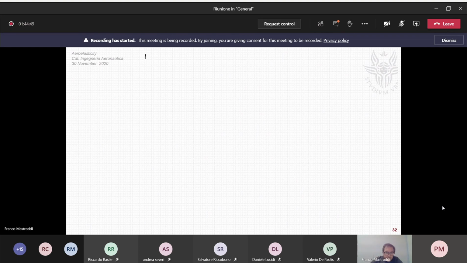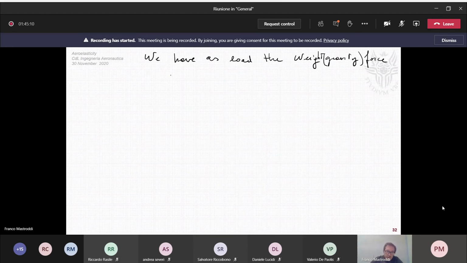We have as load the weight, gravity force in this case, and this is a force per unit mass of type minus k g as force. Okay?